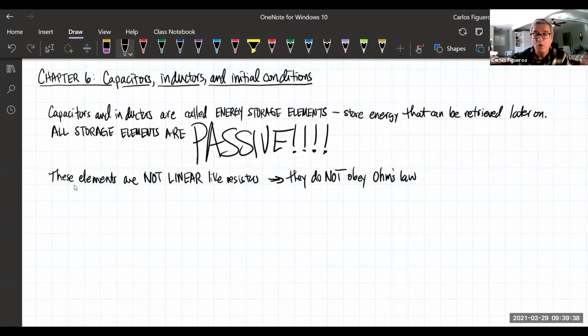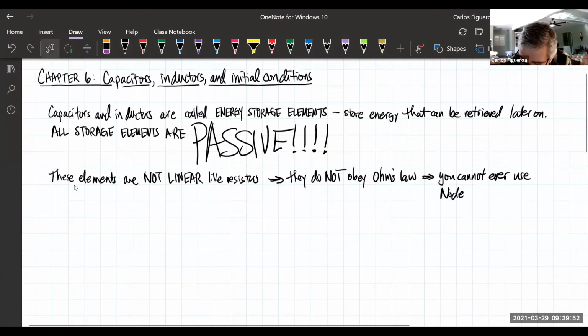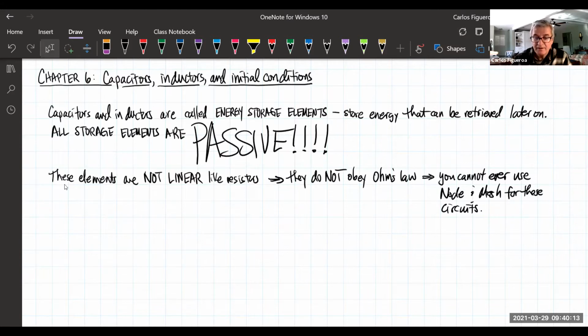And because they do not obey Ohm's law, you cannot ever use node and mesh for these circuits. You can't use mesh and node anymore. The only way you can solve these circuits is if you use differential equations.